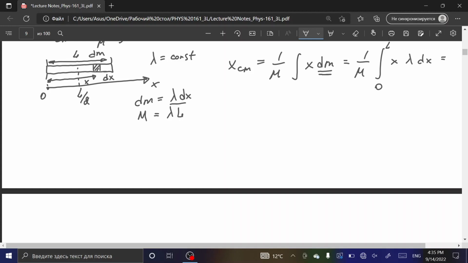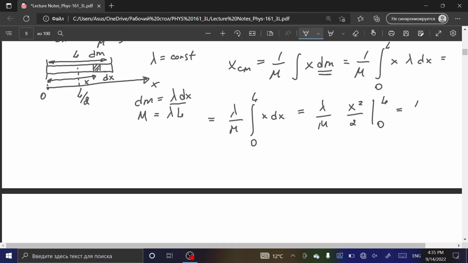Lambda is a constant, so it can be taken out of the integral: lambda over capital M integral from 0 to L of x dx. That is equal to lambda over capital M times x square over 2 from 0 to L.